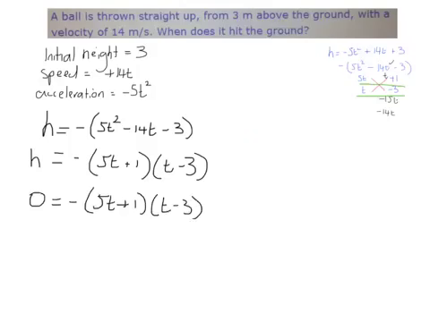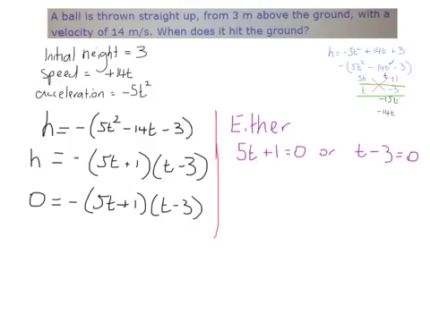Given that my factors of my quadratic equation were 5t plus 1 and t minus 3, one of those two factors must equal 0 for this equation to be true. So using that logic, either 5t plus 1 equals 0 or t minus 3 equals 0.